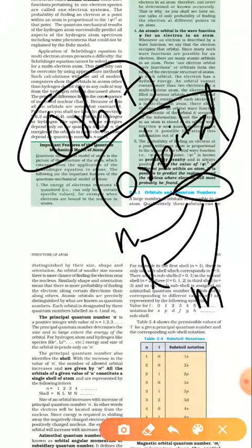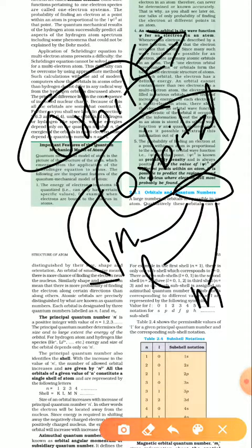What we are discussing today is the quantum numbers of orbitals. Do not get confused between orbit and orbital. Both of these are different. We are studying the quantum numbers related to the orbitals, right?